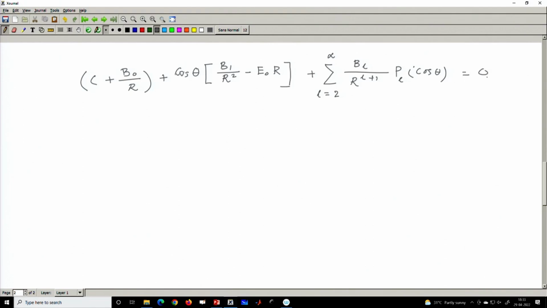Okay. So, now you can see that on the right hand side we have 0. So, that means, and it is true for all cos theta, I mean any value of theta or any value of cos theta. So, that means this is individually 0, this is individually 0, and all B L should be 0 when L is greater than or equal to 2. So, what I get?